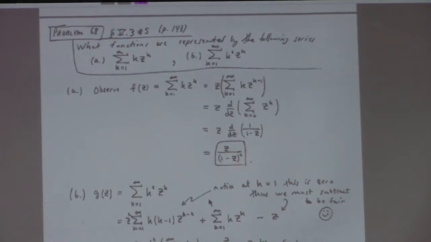Yeah, there's the weighted. And this one here, I had to be sneakier. Does that make sense? I think that's what you're looking for. My second answer doesn't look like that. Yeah, the k squared z to the k. Let's see here.